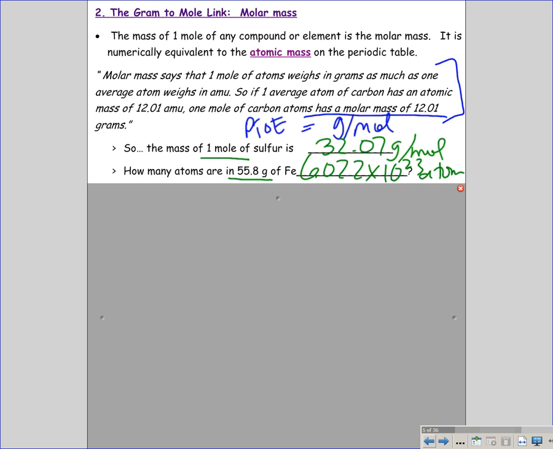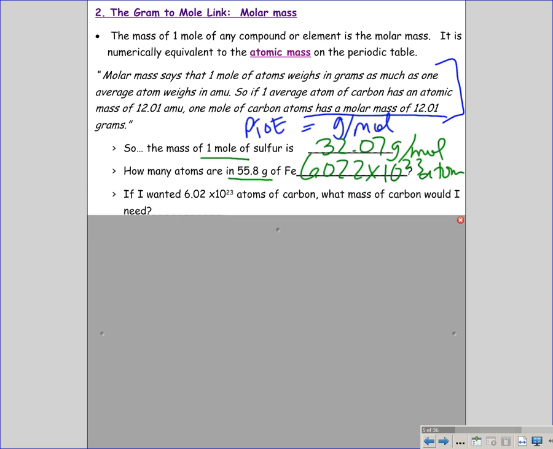So in your head, you said, okay, that equals 1 mole, and if that equals 1 mole, then that equals that many atoms. The mole connects everything. It's a stepping stone to pretty much any unit in chemistry. So we use it a lot, and you actually can do that part in your head because I told you that whatever the periodic table says in grams, that equals 1 mole of that particular substance. But everything's different, something's way more. Okay, so if I wanted 6.022 times 10 to the 23rd atoms of carbon, what mass of carbon would I need?